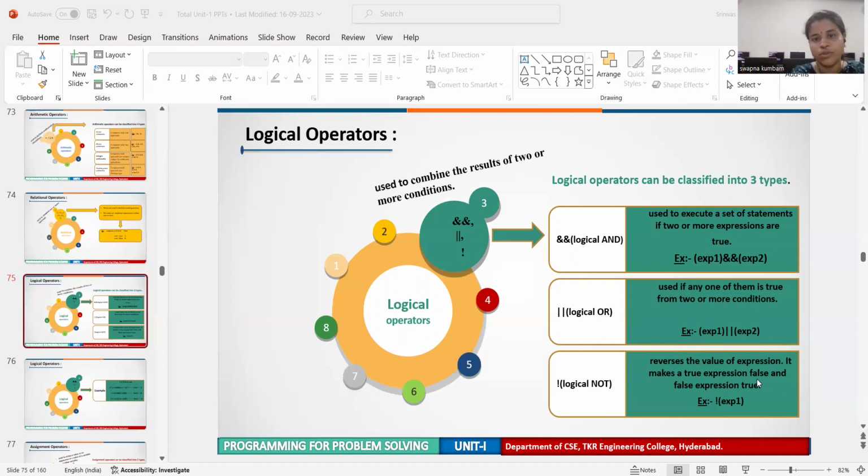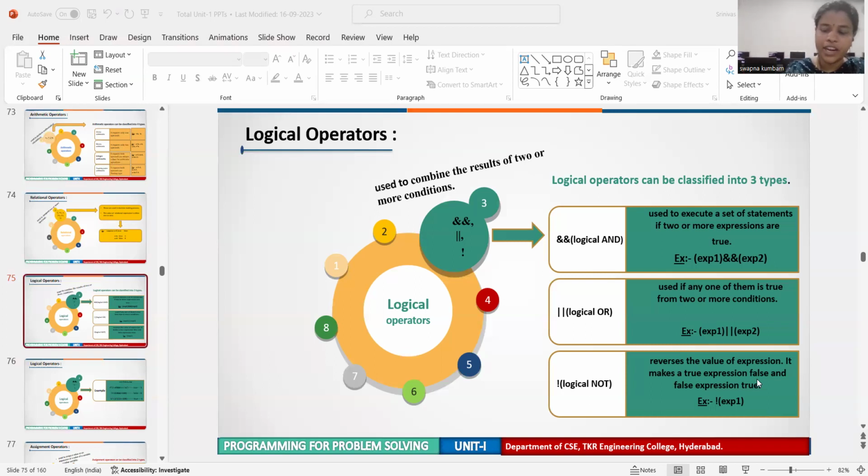So let us draw a truth table for this. If I am taking expression A as one expression, or else we can take it as X and Y. X and Y are the two expressions I have. And if I am using the logical AND operation between these two, that is X and Y, then what happens?